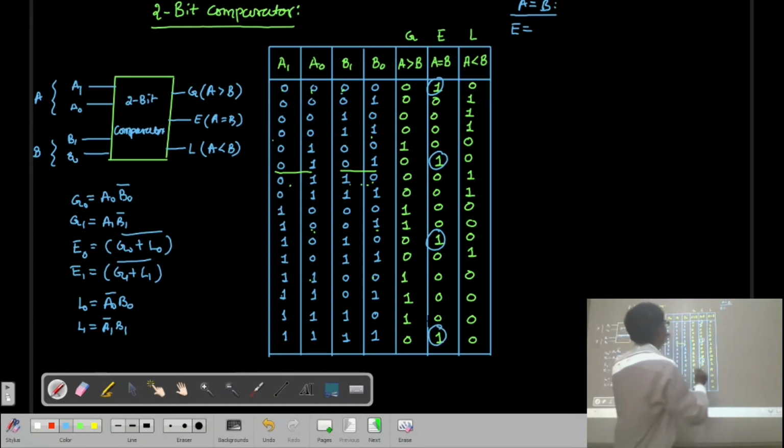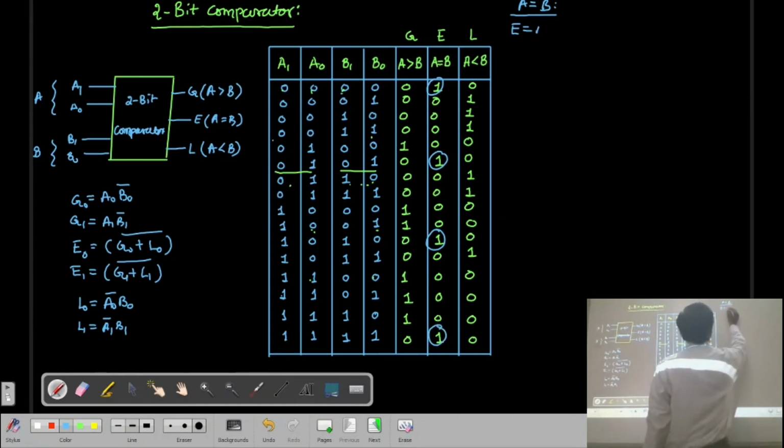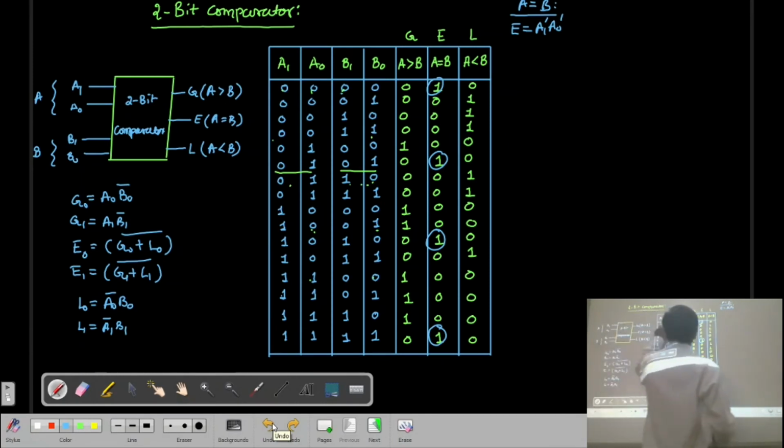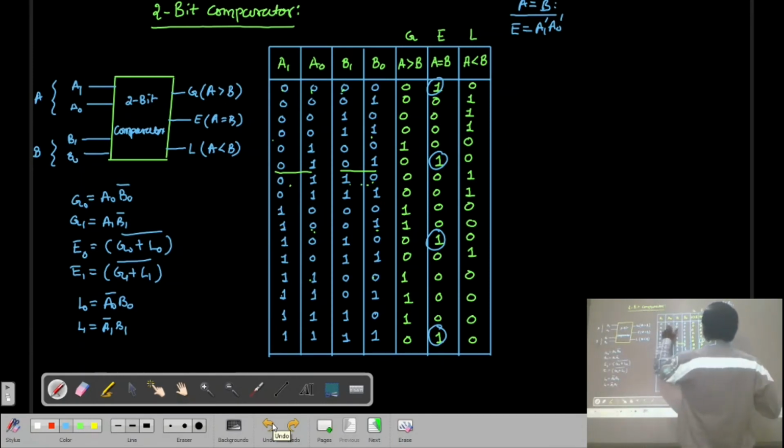For these high levels we have A1 dash, A0 dash, and we are writing a fundamental product. So the first one will be A1 dash, A0 dash, B1 dash, B0 dash, plus, now what is the next one?